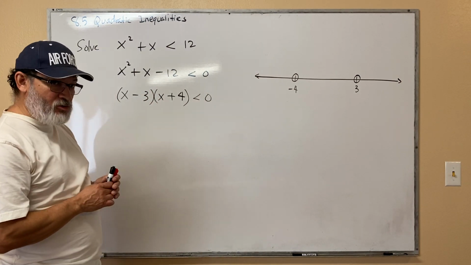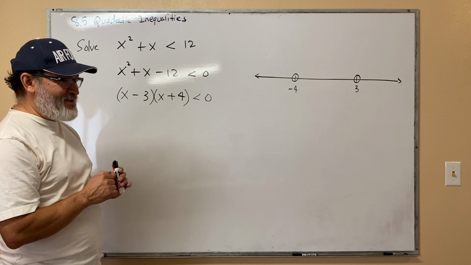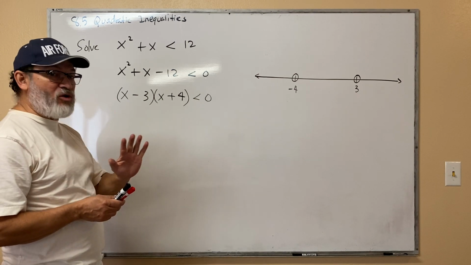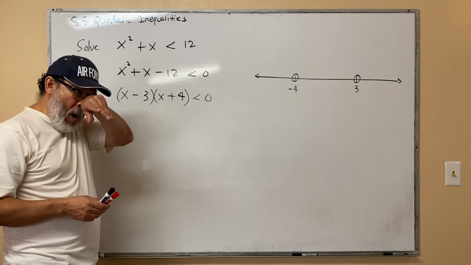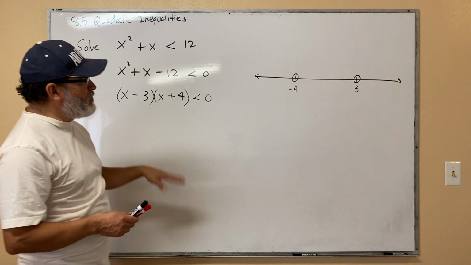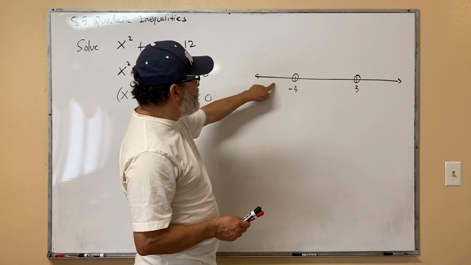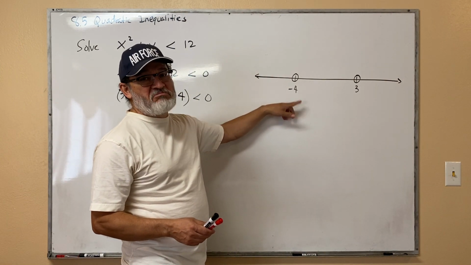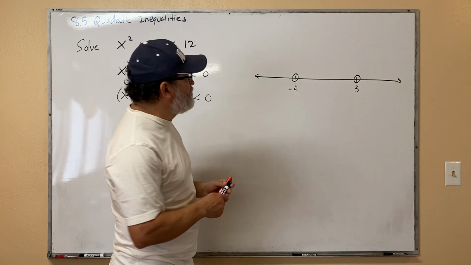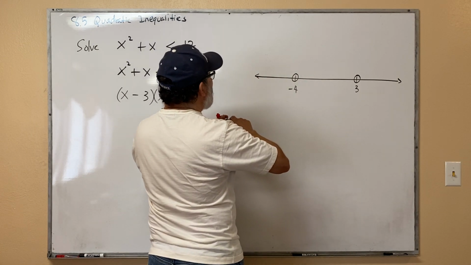If it makes it true, I'm gonna shade. If it makes it false, I'm not gonna shade. Try the first one. What value from this region should I plug in? What's to the left of -4? -5. I'm gonna plug in -5.